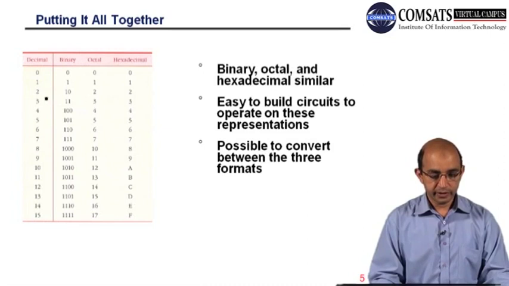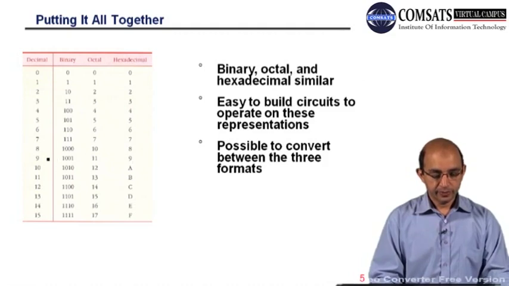So you will see the similarity between octal, hexadecimal, and decimal, 3 till 7. Here we have a difference in representation: 8 is 10 in octal, and 9 is 11 in octal.